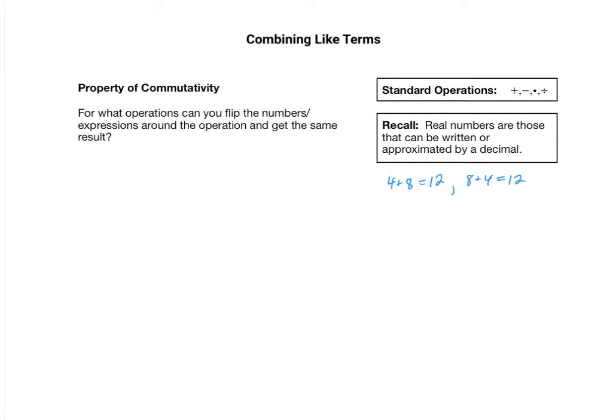Notice here that the order in which you add the numbers, whether you do 4 plus 8 or 8 plus 4, does not matter. You get 12 either way. And this is true actually with any real numbers. So addition is commutative since a plus b is always equal to b plus a for any real numbers a and b. So addition is a commutative operation.